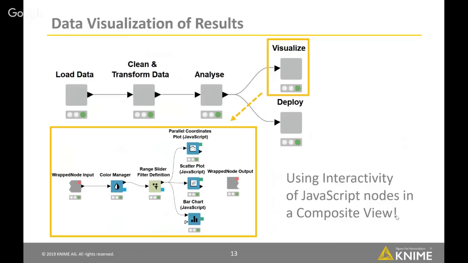So this is an example. Another example is, for example, those interactive dashboards you can create with the JavaScript nodes. So those JavaScript nodes are interactive by themselves, meaning that you can change certain things right away.